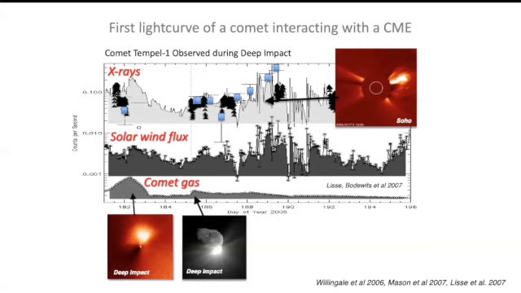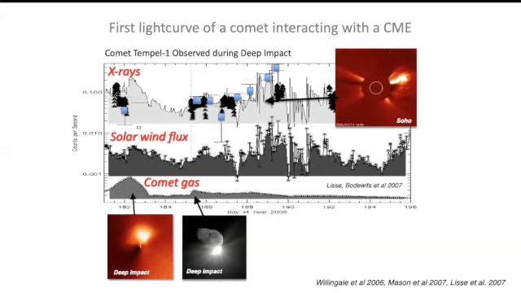This probe shot a copper bullet into the nucleus of Comet 9P. The result of that is shown here, in order to excavate some of its material and study cometary materials below the surface. So in this plot, there's a lot of information, but I'll walk you through it.